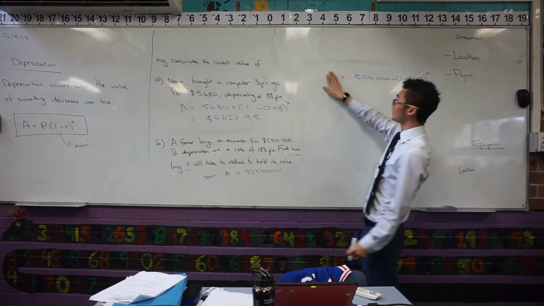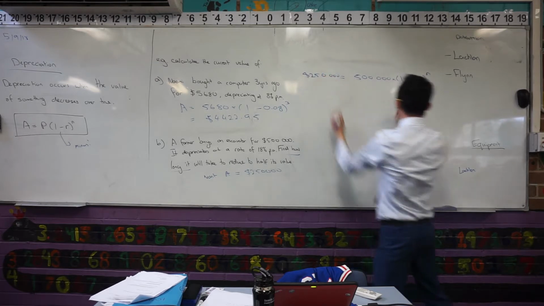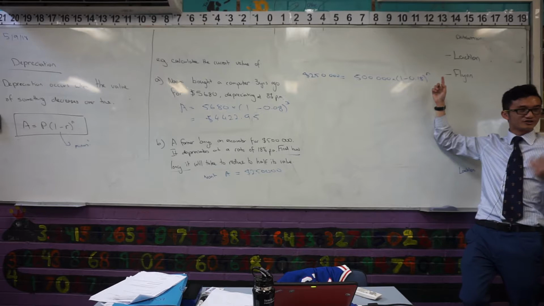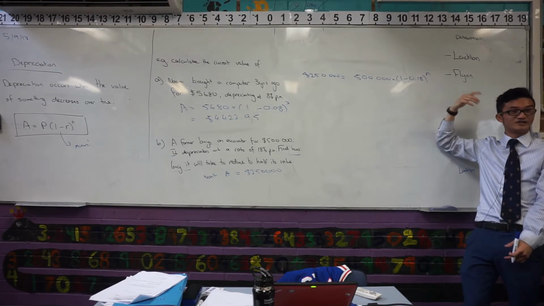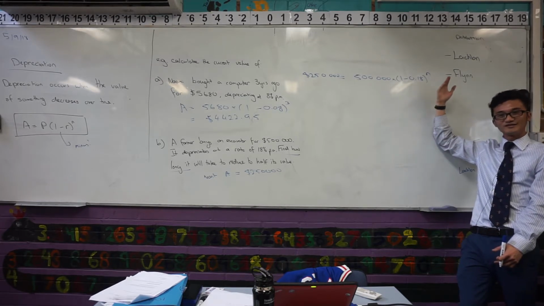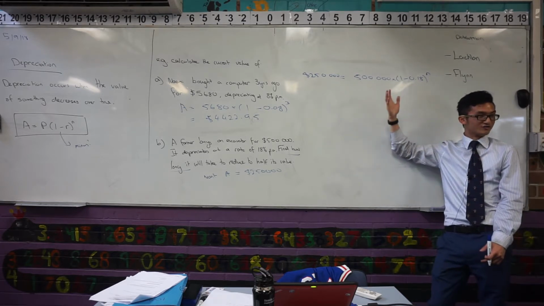So I can let this be 250,000 and try to solve for n, but at this point you don't have enough tools to solve for something like this. So the way that they suggest is to use guess and check. Let's try different values of n and see how long it takes until I reach 250,000.